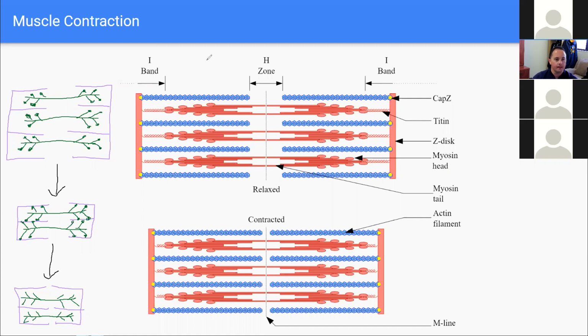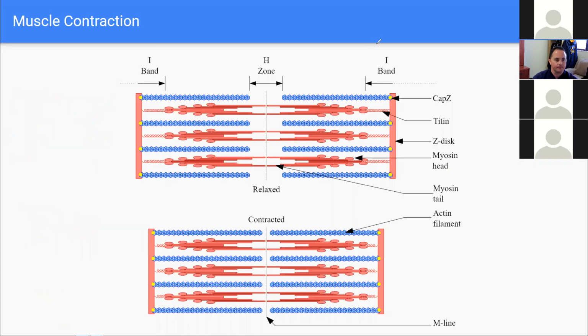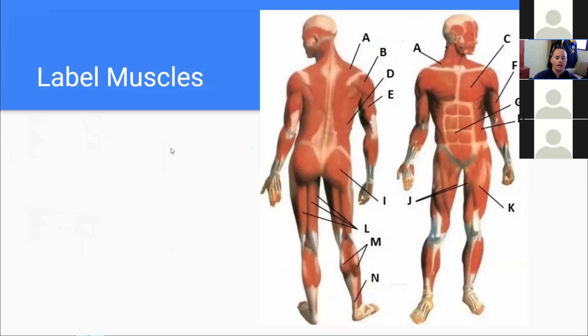So now that we know how a muscle contracts, I have this on your diagram handout, okay? And I want you to label these muscles in your ISN, okay?